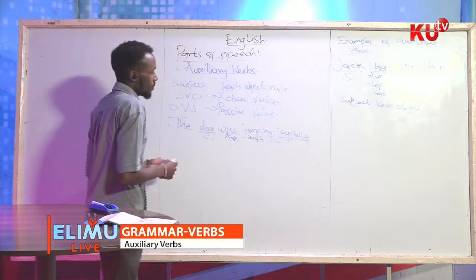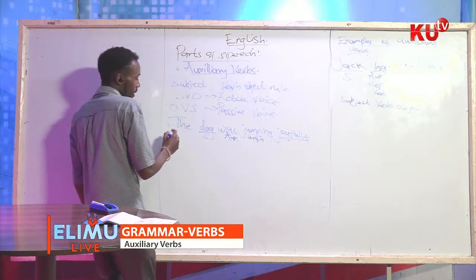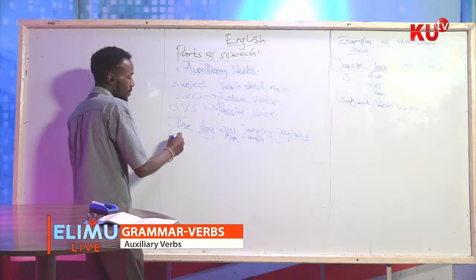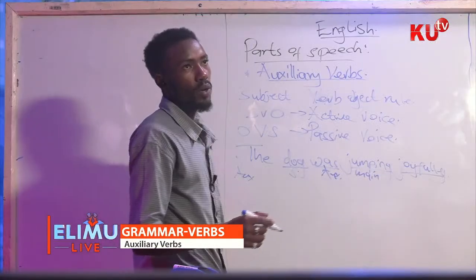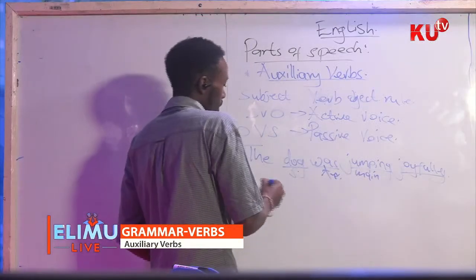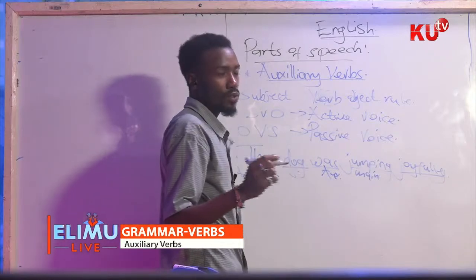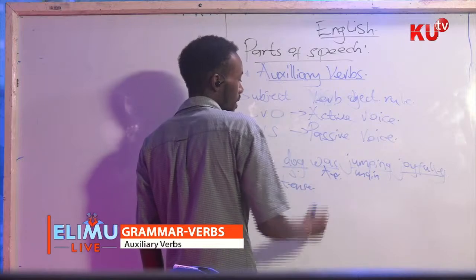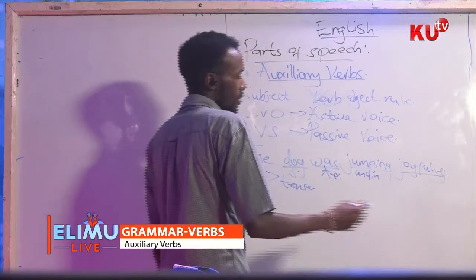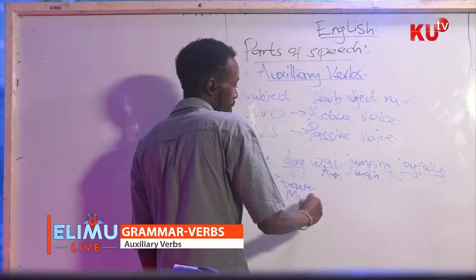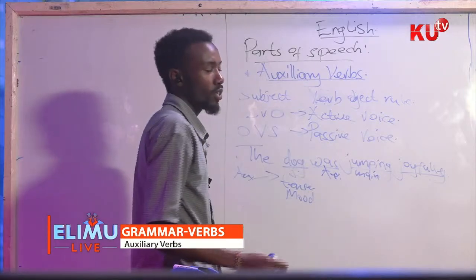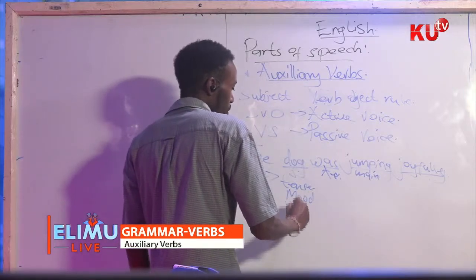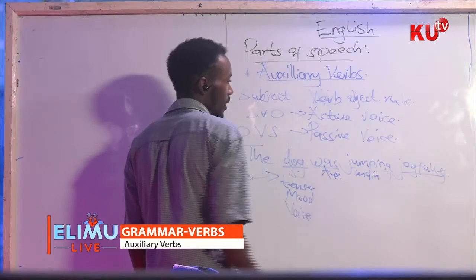So you can see that the auxiliary verbs are very useful when we talk about changing the tense of the sentence. It changes the tense of the sentence. It also changes the mood of the sentence, and it also changes the voice in a sentence.